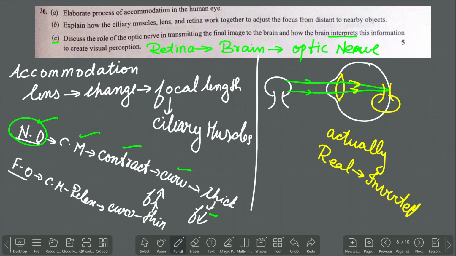But when the same signal is transmitted to the brain, our brain interprets how the object is located, whether erect or inverted. Here the object is erect, so our brain also perceives it the same way. Clear?